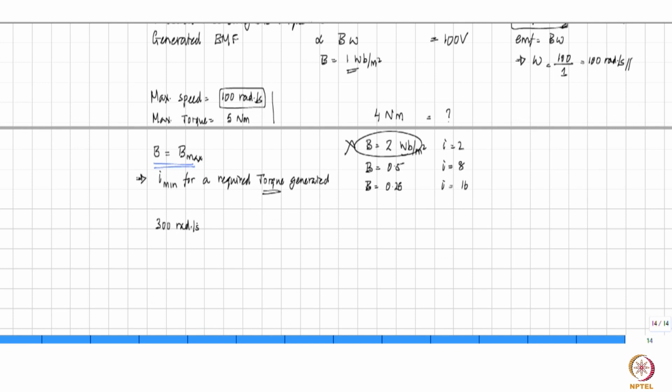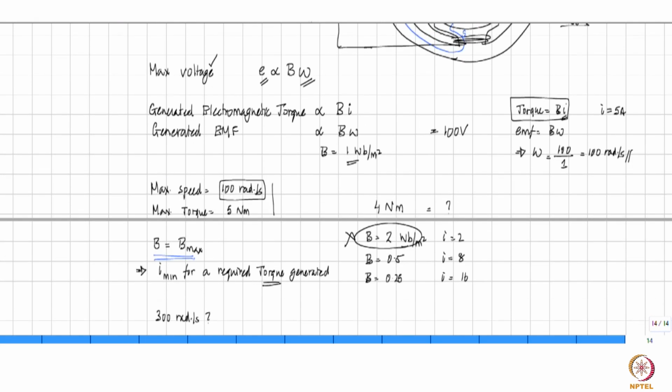How can you do that? If you look at this equation, you can do 300 radian per second only if you reduce the magnetic field. There is no other way, because the machine cannot take more than that EMF.